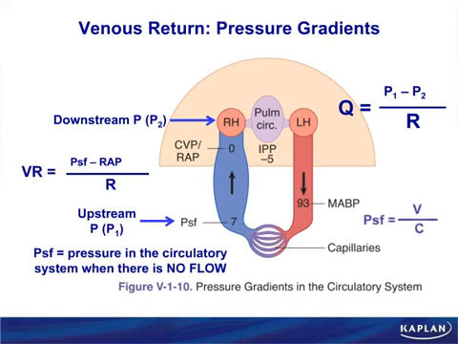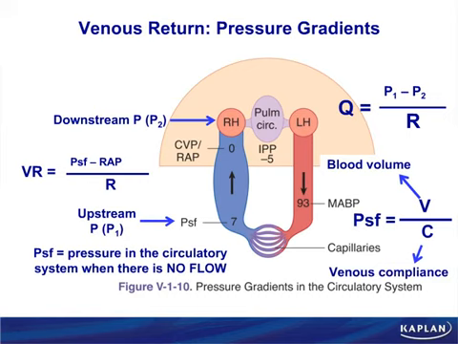So, as we defined on the previous slide, and hopefully again it makes sense, the downstream pressure, or P2, is right atrial pressure. The upstream pressure, the pressure head, is mean systemic filling pressure. This is the pressure in the circulatory system when there is no flow. So, therefore it follows, venous return is equal to PSF minus right atrial pressure divided by the resistance.